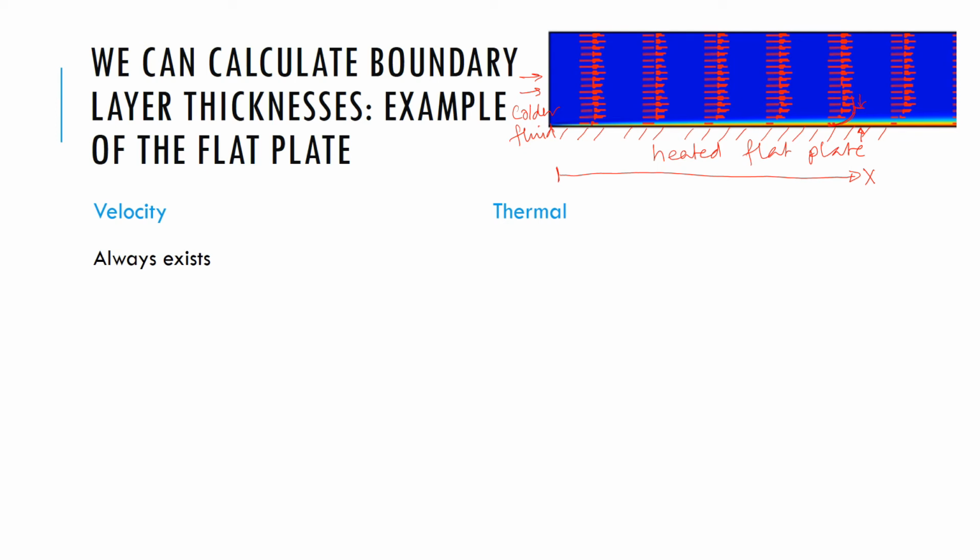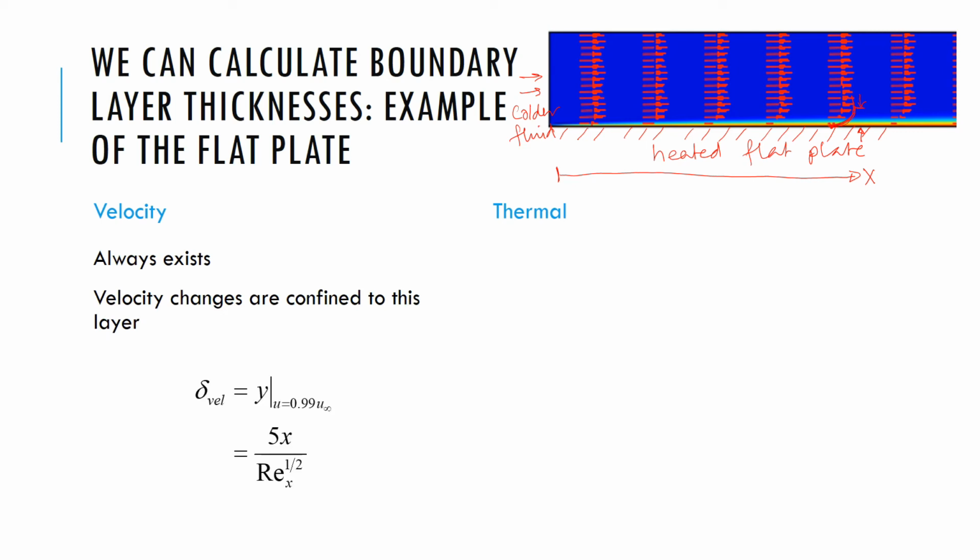And this velocity boundary layer always exists, because as soon as fluid flows over a surface, the velocity has to be 0 on the surface. So there has to be a distance over which it goes from 0 to the maximum. Velocity changes are confined to this layer, and this is my formula.